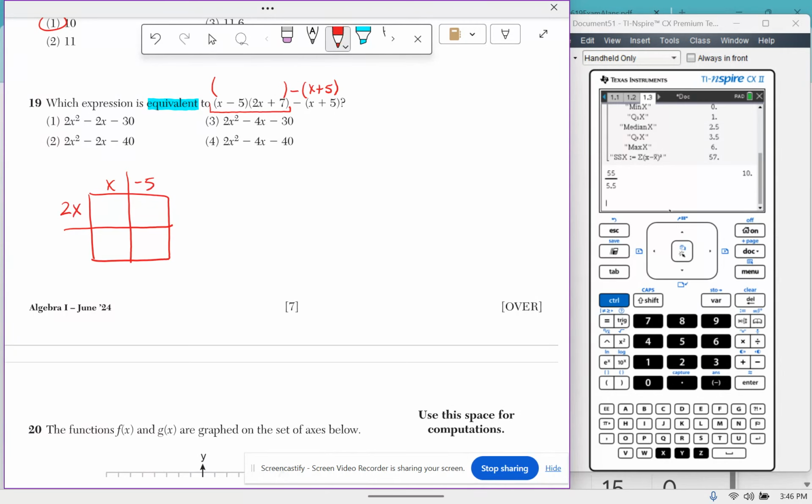I'm going to fill out the sides since I am simplifying.